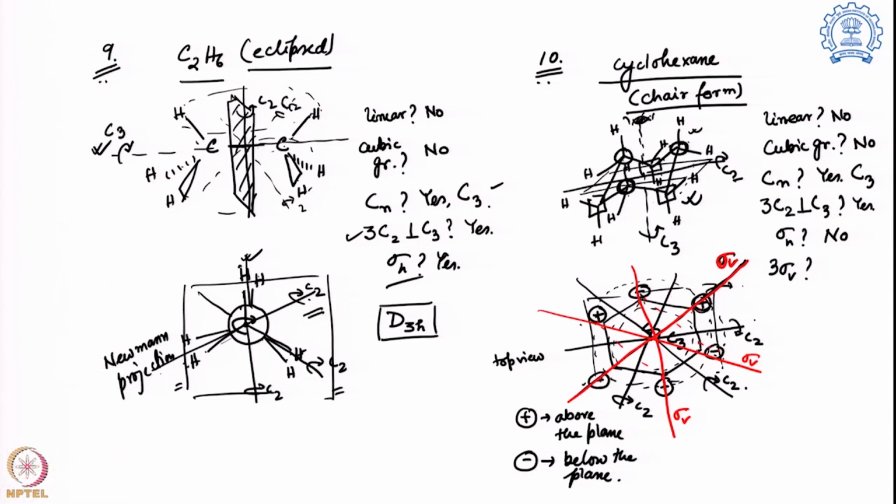This particular C2 and this particular C2 are bisected by this sigma V. Similarly, this C2 and this C2 are bisected by this, and this one and this one are bisected by this one. So, yes, it is present and it is nothing but sigma D's. That means it will be a D3d point group in the structure.